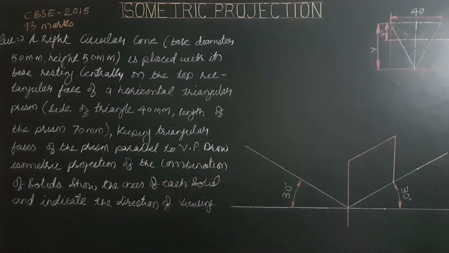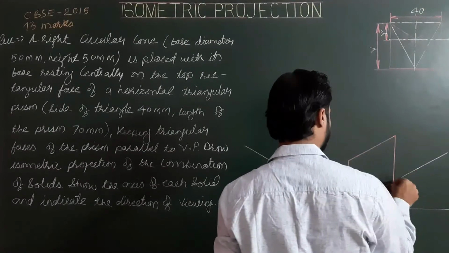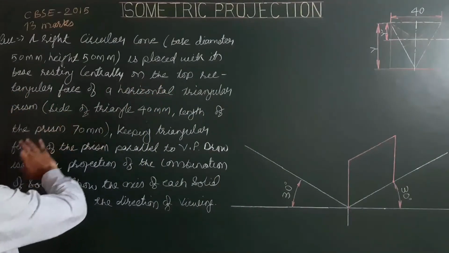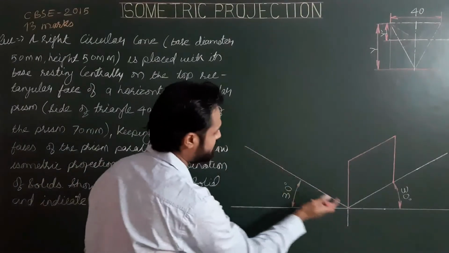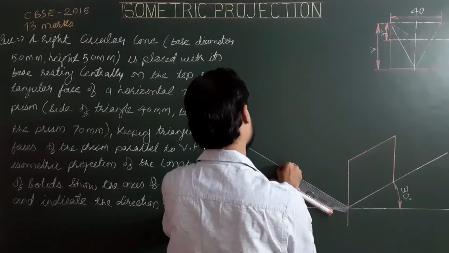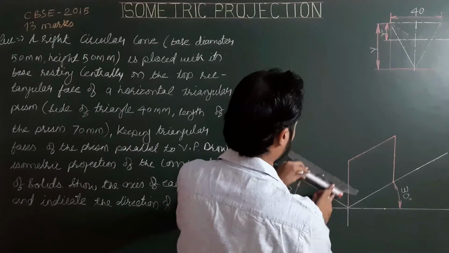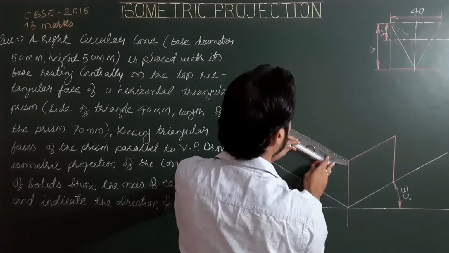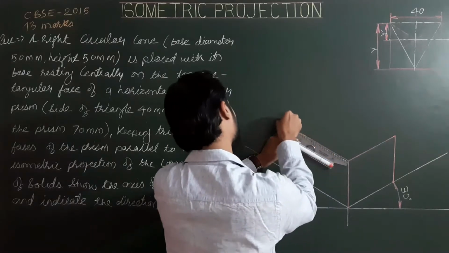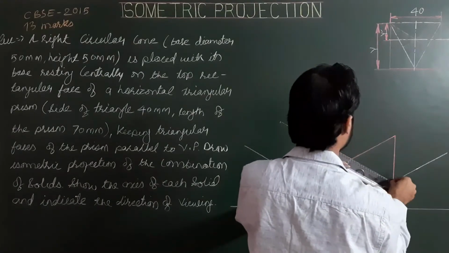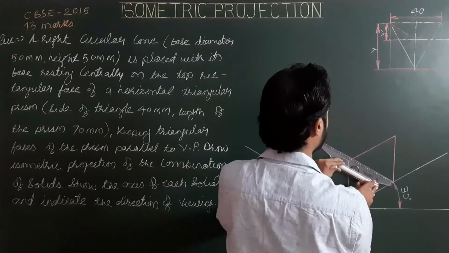So this is the projection of the helping figure. Now from all four corners of this helping figure we have to mark limits of axis, and the axis is 70. So along the second iso axis we have to mark limits of 70, or simply we have to draw lines parallel to the second iso axis, and the length of each line will be equal to ISO 70.